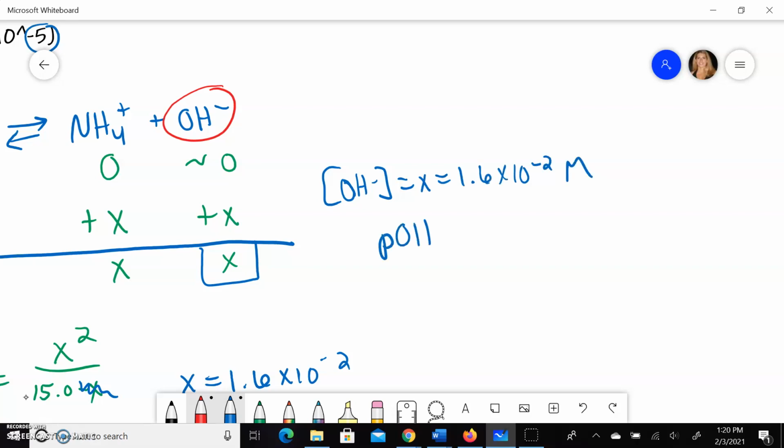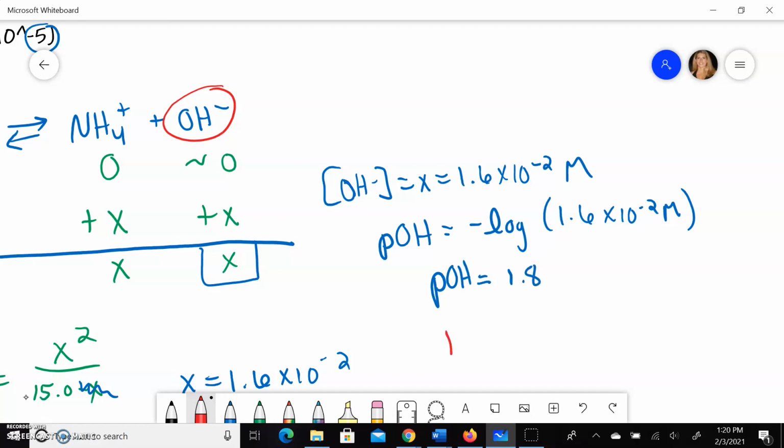So now we can take the pOH. And finally, we can do the pH.